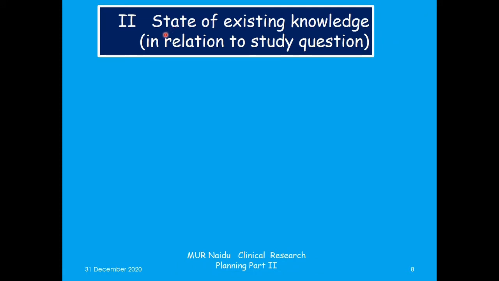The second one is properly understanding the existing knowledge in relation to the study question, so that one can design a proper study related to the question which we are going to evaluate in clinical research.